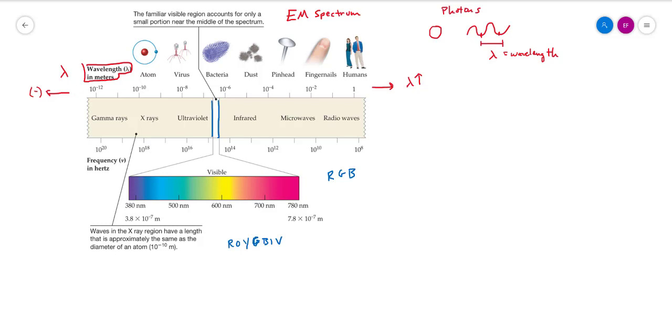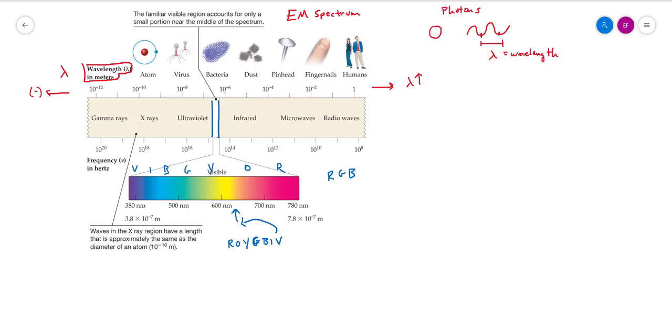Standing for red, orange, yellow, green, blue, indigo, violet. And so actually this is inverted to the color wheel here, where you have violet out here, indigo, blue, green, yellow, orange, and red out here. Okay, so this is what we can see. This is the little band that we have some tools in our eyes to see.